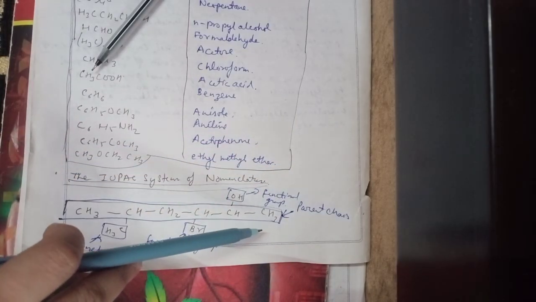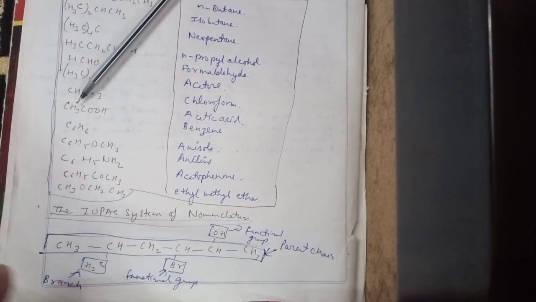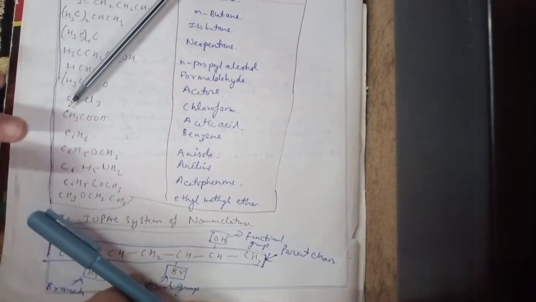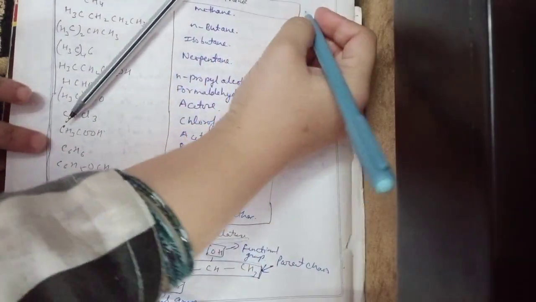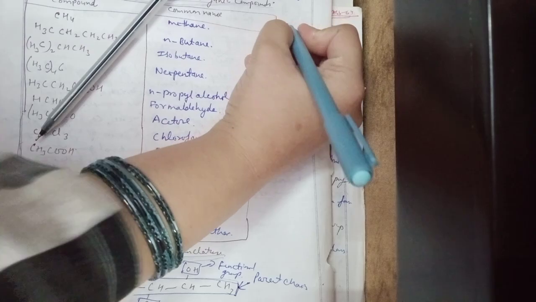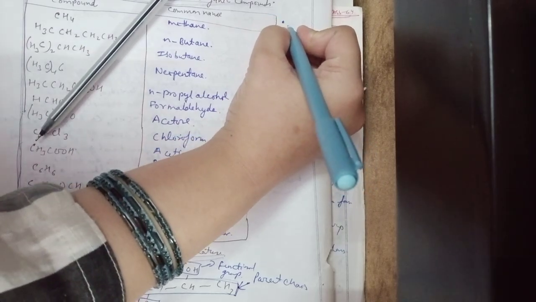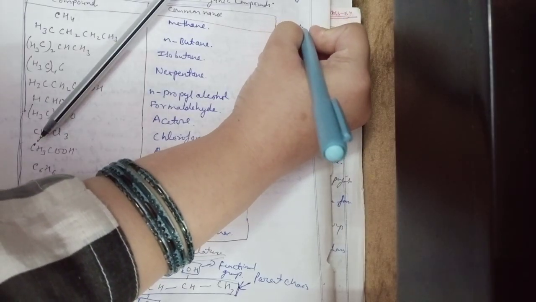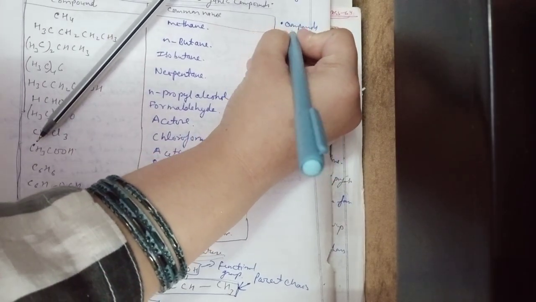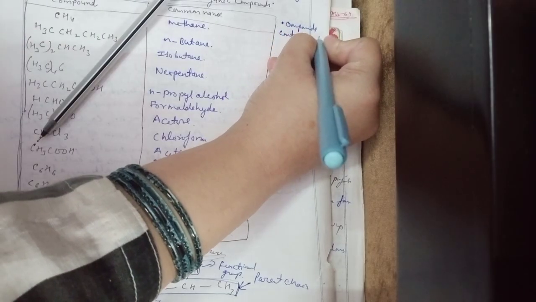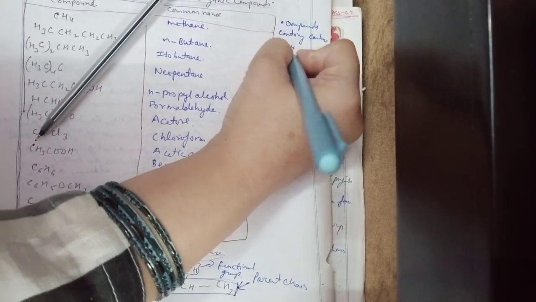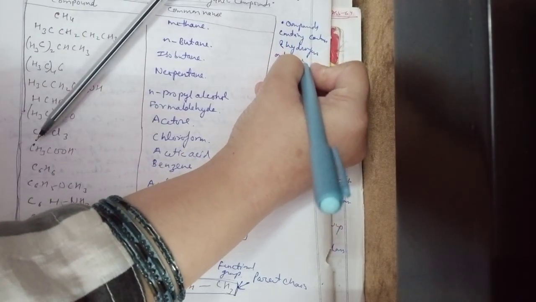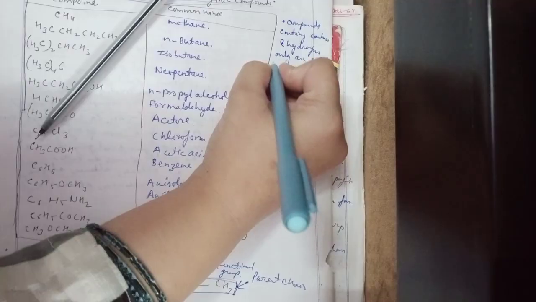I just write it down for you. If you are making notes, it will be helpful as well. First of all, compounds containing carbon and hydrogen only are called hydrocarbons.